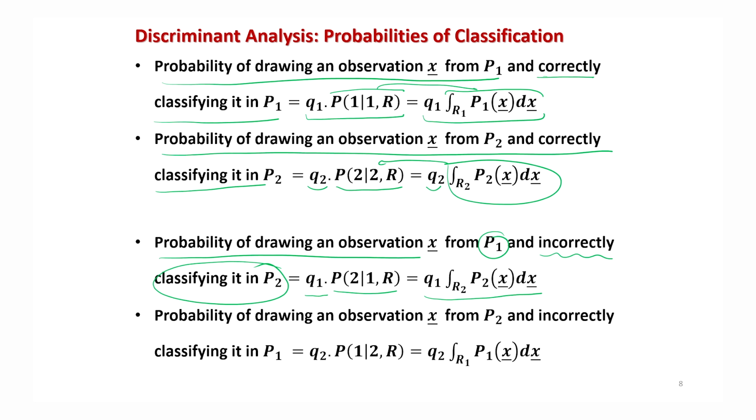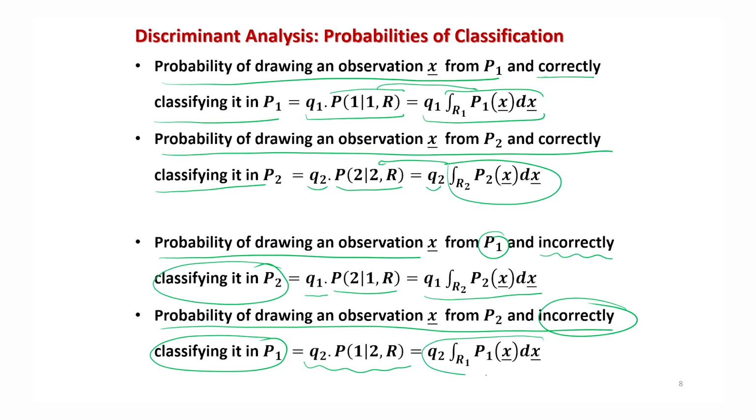And similarly, the probability of drawing an observation x from P2 and incorrectly classifying it into P1 is Q2 into P1 given 2 R, which is here Q2 into the integral of P1 x over the region R1. So, this is how you can compute these different types of probabilities, right.